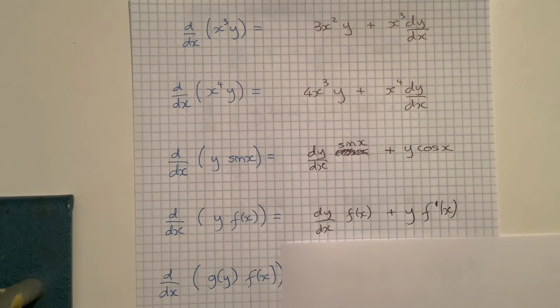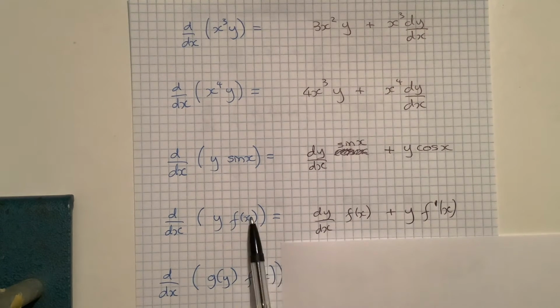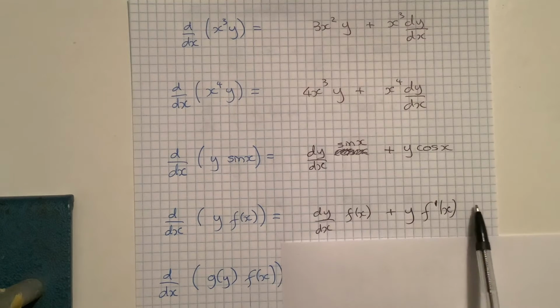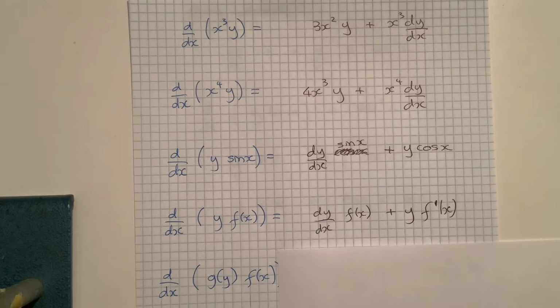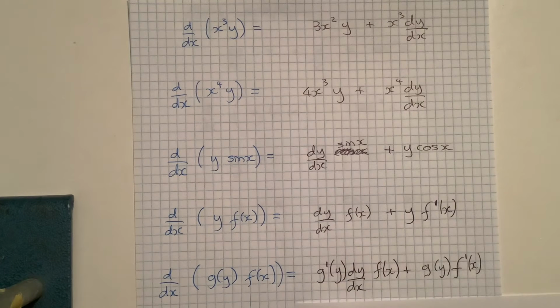Next, differentiate the y function, I get dy by dx, multiply it by f of x. Then differentiate f of x, I get f dash of x, multiply it by the y function. And then finally, differentiating the g of y function. Now I have to use implicit differentiation to do this.